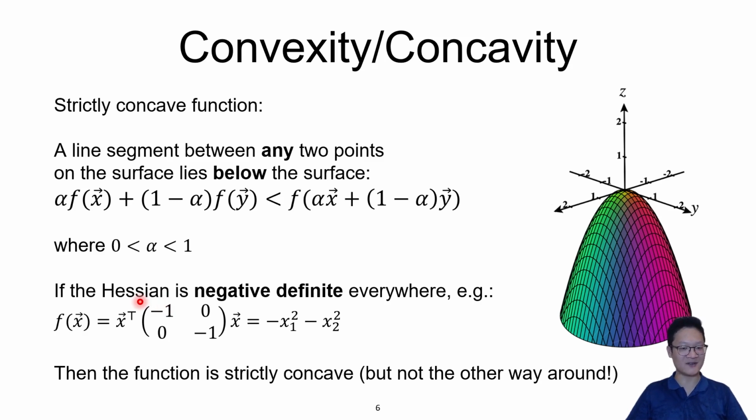If the Hessian is negative definite everywhere, so no matter what x you plug in, that means that the function is strictly concave. Of course, that also means that the function is concave, but not the other way around. So if the function is strictly concave, it may actually not have a Hessian that is negative definite. I believe we'll be looking at some examples coming up.